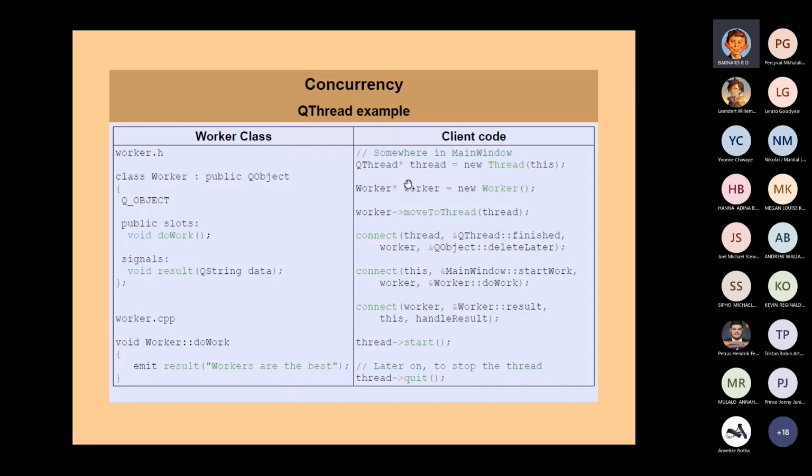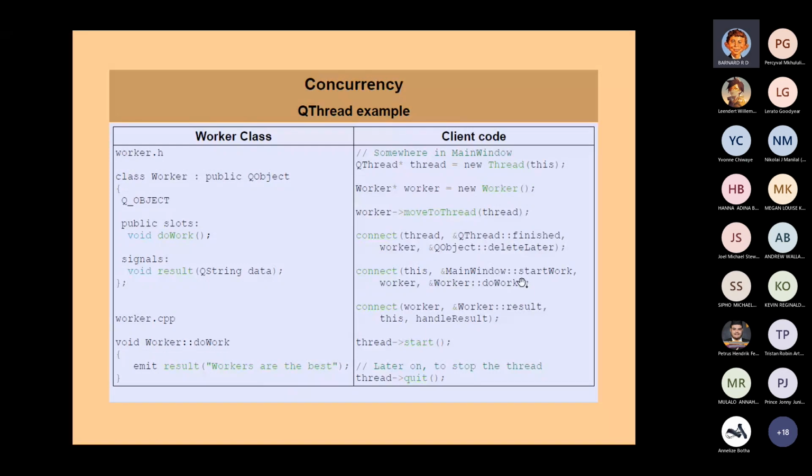And then in your client code, again, you declare your thread, you declare your worker, you use the moveToThread method to move the worker to the thread. You then connect your signals and slots. We're connecting the finished signal of the worker to the deleteLater method.